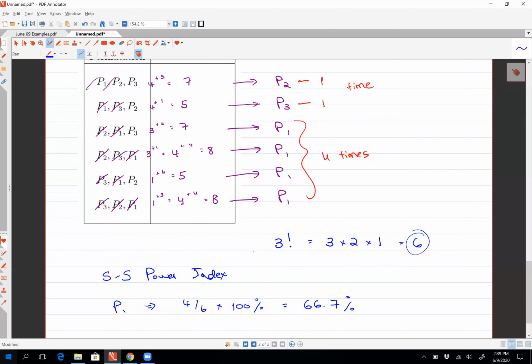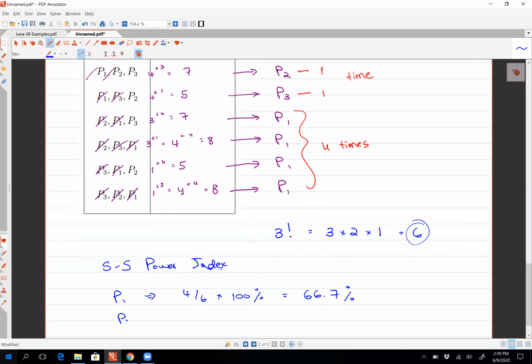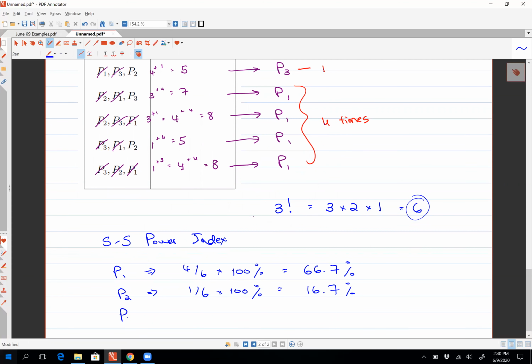That's their power index. And for P2, it would be 1 out of the 6 times. That in this case would be 16.7%. And exactly the same thing would be true for P3. 1 out of the 6 times.